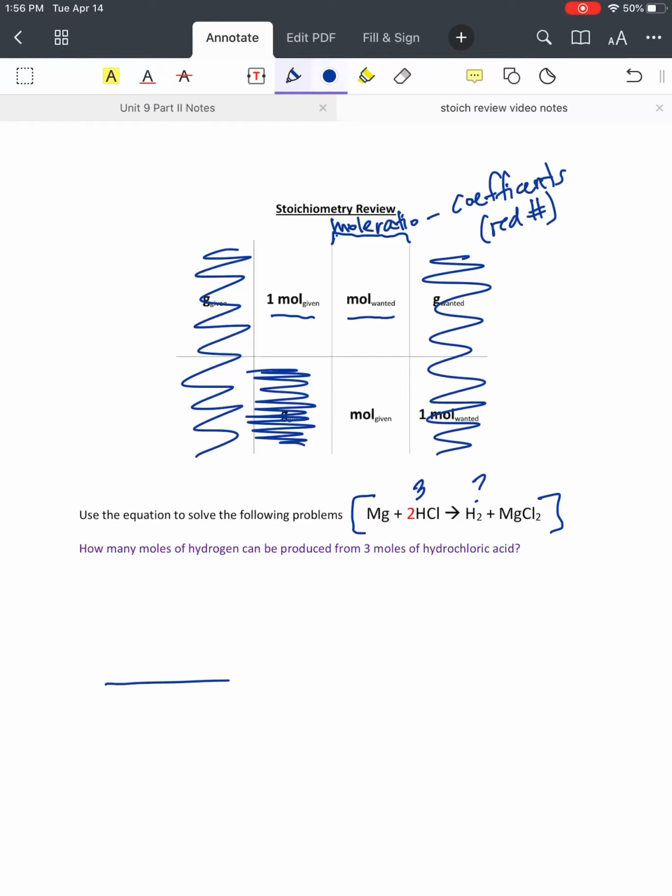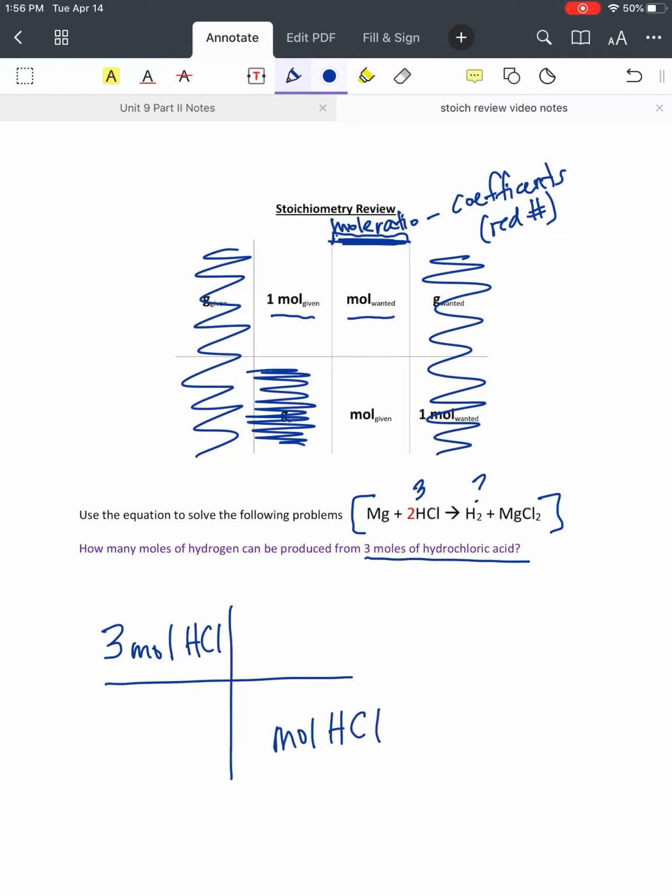When I'm setting up my equation, I'm going to set it up just like my foldable tells me. I'm going to have my moles of my given, which is 3 moles of HCl. That's what I was given. And then my next is going to be my mole ratio. What do I know has to go on the bottom? I know that HCl needs to go on the bottom because I need it to cancel out. What number is in front of HCl? It's a 2.